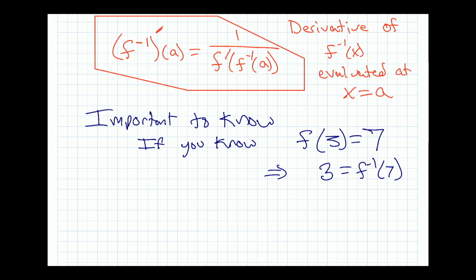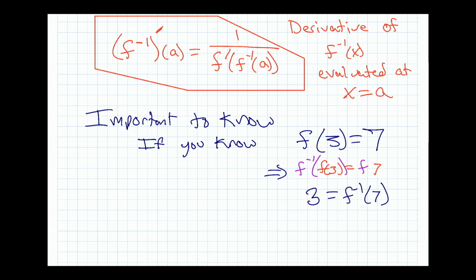But if you don't, then there's kind of a middle line of work that you can do, where if you had f of 3 equals 7, and then you did f inverse on both sides, then on the left, the f and the f inverse cancel and leave you with 3. On the right, nothing cancels and you just get f inverse of 7, right? But the point is, you should be able to start with this and get to this almost immediately, okay? Otherwise, the problems are going to be confusing.